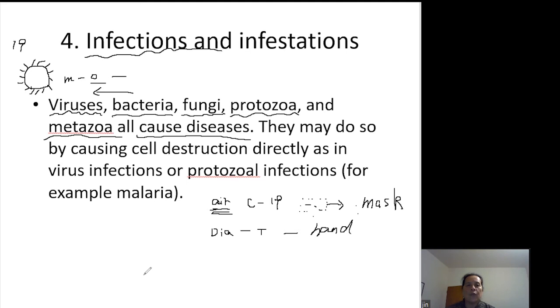And we also have a special way microorganisms can be transmitted from one person to another: by the blood. Like hepatitis B, HIV. That's all transmitted by the blood. Like when people use the same needles, it's pretty easy to transmit the illness from one person to another.